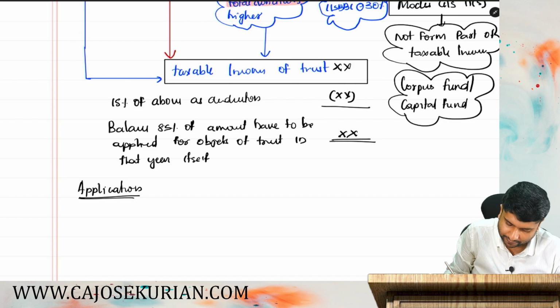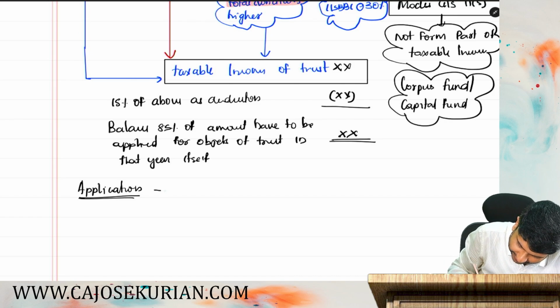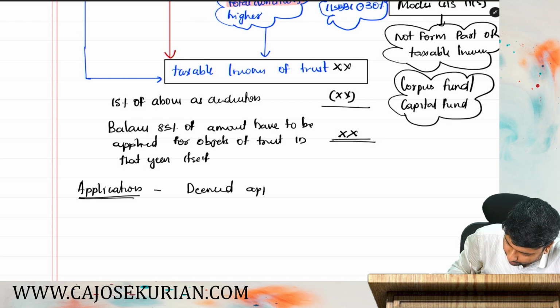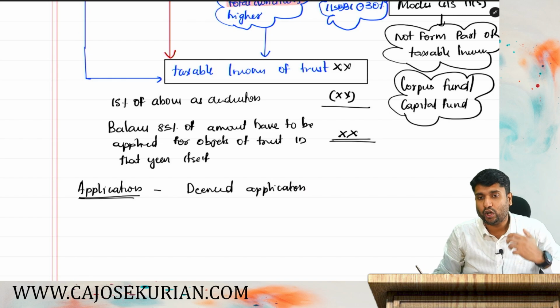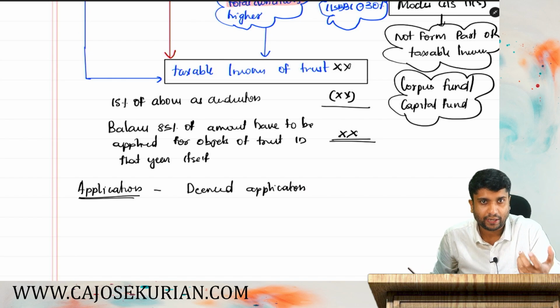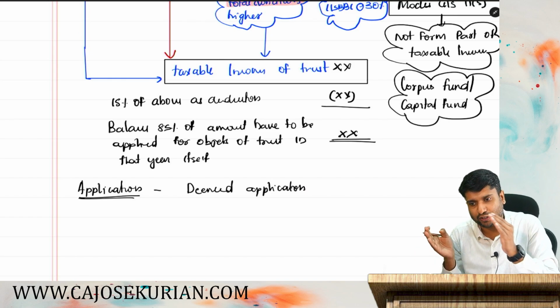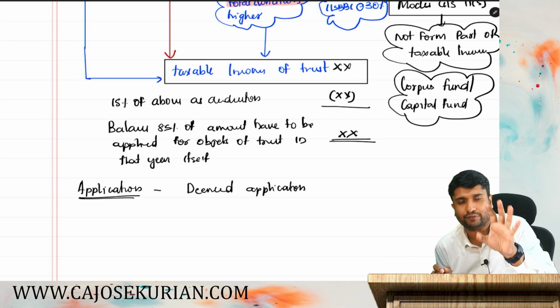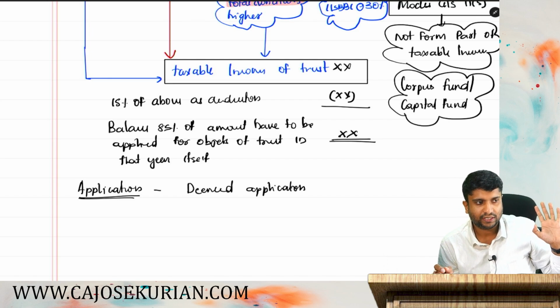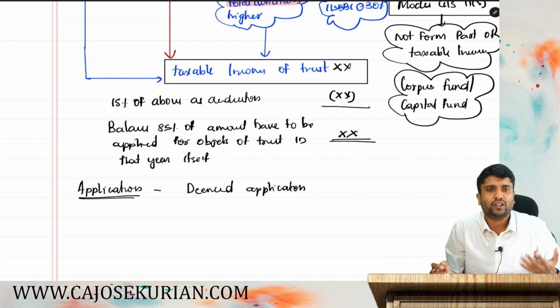See, there is a concept called deemed application. In application, there is a concept called deemed application. What do you mean by deemed application? Deemed application simply means you are not applying it in full. But the income tax department says, even though you are not applying, we will call it application. Even though you are not applying it in real, we will call it what?